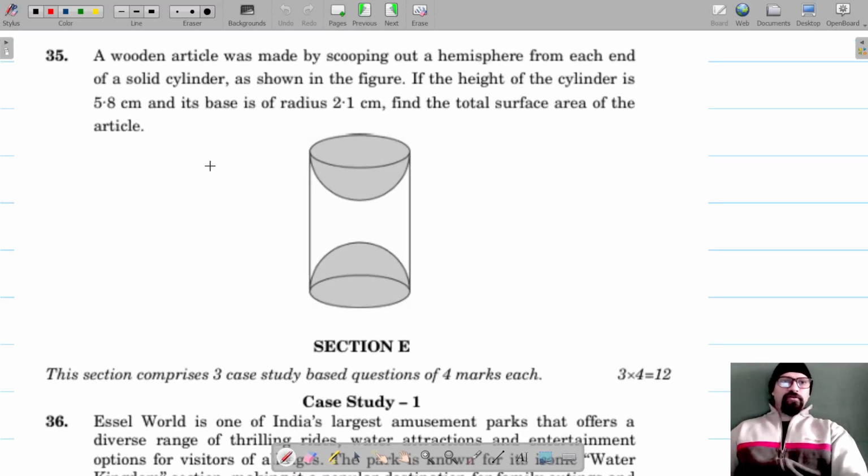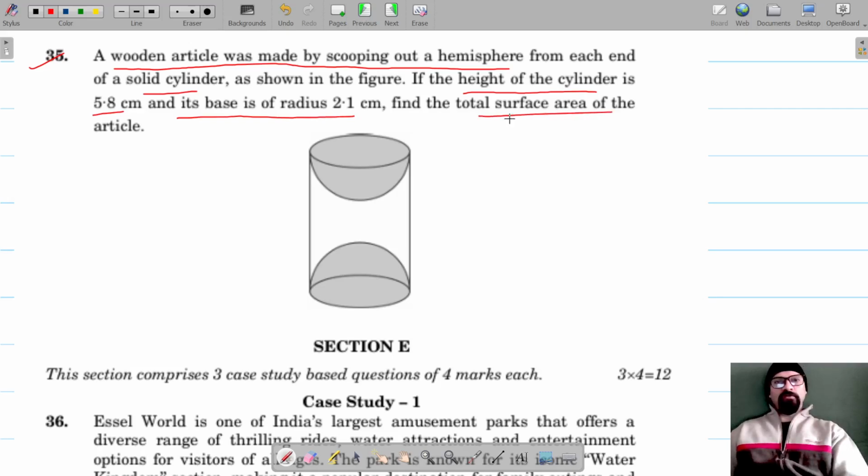Okay, for question number 35, it's given that a wooden article was made by scooping out a hemisphere from each end of a solid cylinder as shown in the figure. If the height of the cylinder is 5.8 centimeter and its base radius is 2.1 centimeter, find the total surface area of the article.